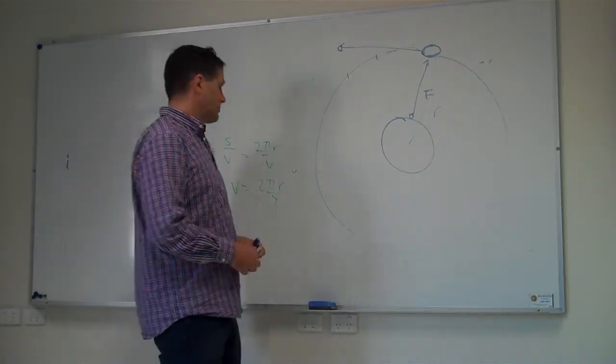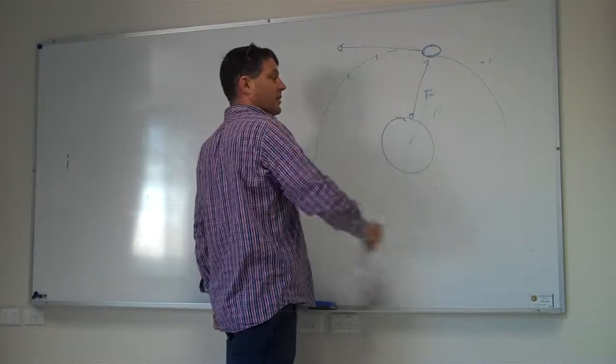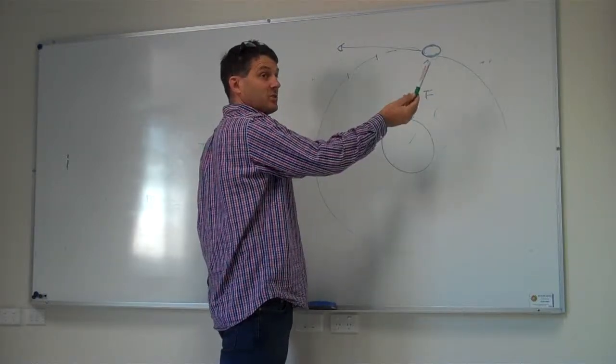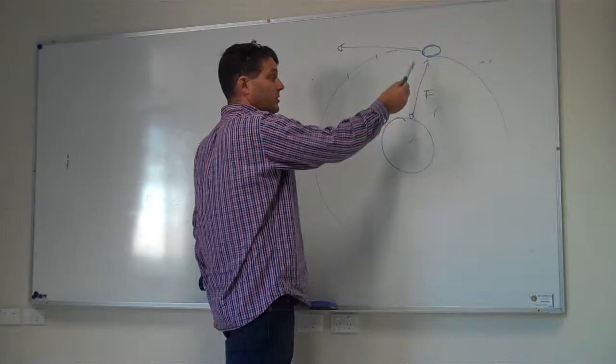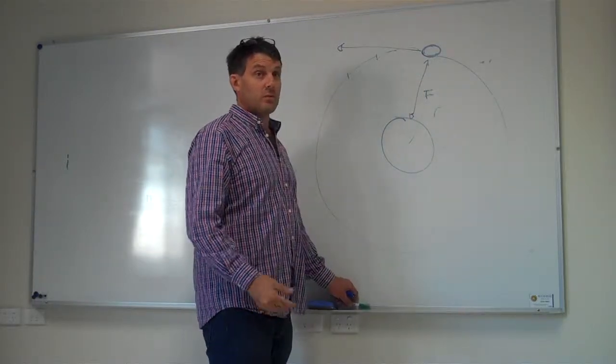So in other words, the velocity of the object travelling around is going to be the total distance that it goes, which is the circumference of the orbit, divided by the time it takes to do one orbit, the period.